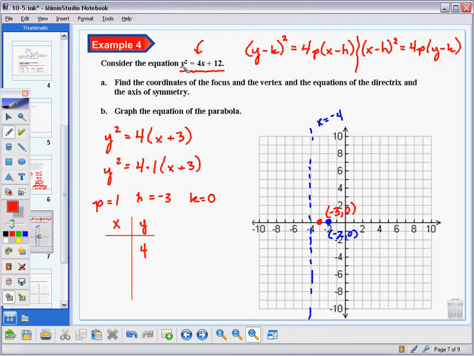So I'm going to plug 4 in for the y value, giving me 16, which would, in order to make this statement true, x would have to be equal to 1. So I've got the point (1, 4), sorry. If I plug in negative 4 for y, I get a similar result with x having to be 1. So that gives me 2 more points on my parabola. I've got the point (1, 4) and (1, -4). That's enough for me to sketch in my parabola. There we go. A parabola not centered at the origin.